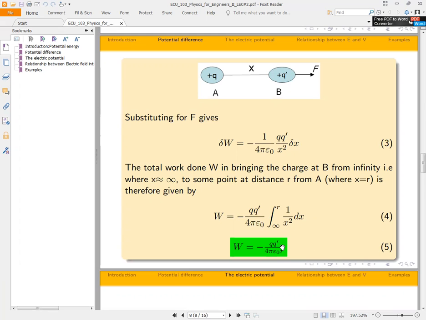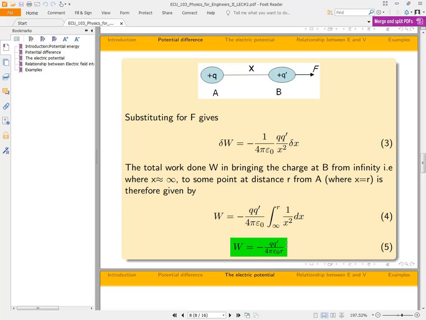So what we have obtained here is that when you move a charge in an electric field, the work done becomes 1 over 4 pi epsilon naught, the product of the charges divided by R. I want you to take note that the difference between equation number 5 and Coulomb's law is in the R. In Coulomb's law, the denominator is R squared.